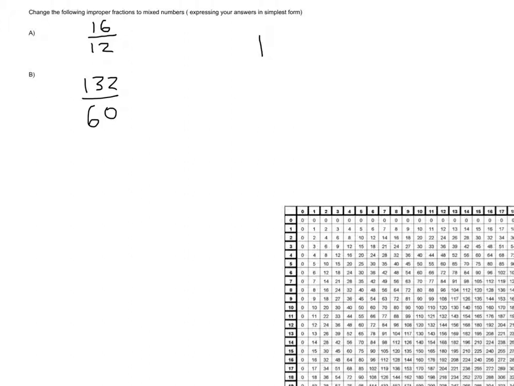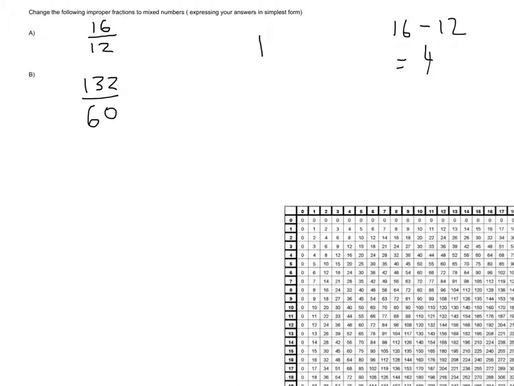To find out what the remainder is, all we have to do is get the numerator, which is 16, and then minus 12, and then we find out what the leftover is. 16 minus 12 equals 4, right?